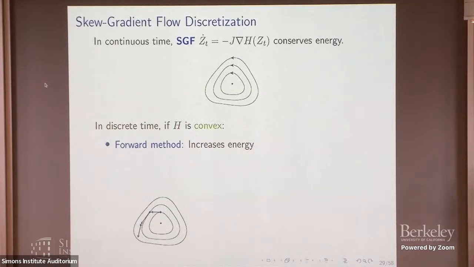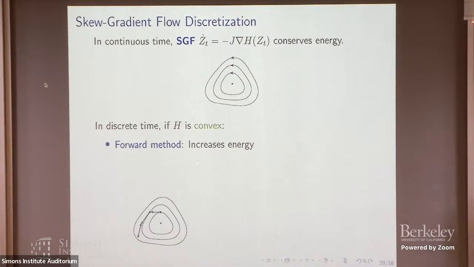So roughly here's what we will see at the high level. In continuous time, the skew gradient flow conserves energy. In discrete time, we have different behavior similar to what we have seen before. In particular, let's assume that this function h is convex, because this is true for us, since h is a dual function of the regularizer.